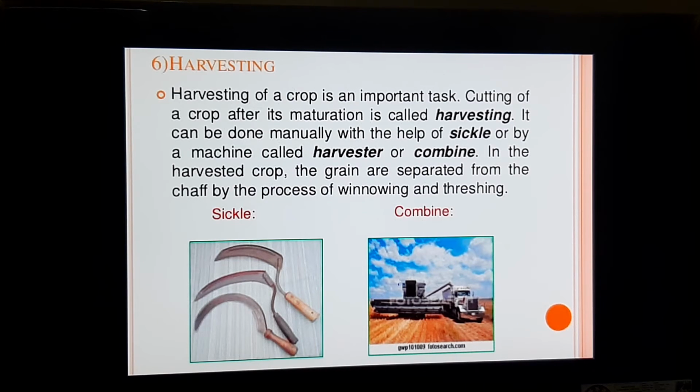In the harvested crops, the grain seeds need to be separated from the chaff, and this process is called threshing. This is carried out with the help of a machine called a combine, which is in fact a harvester as well as a thresher. Farmers with small holdings of land separate grain and chaff by winnowing.